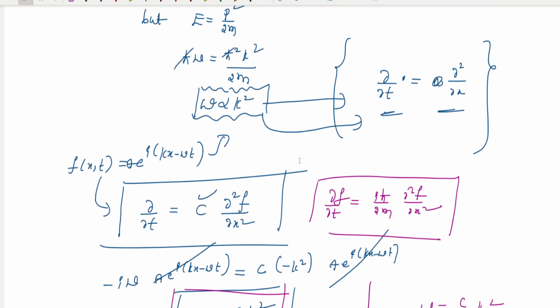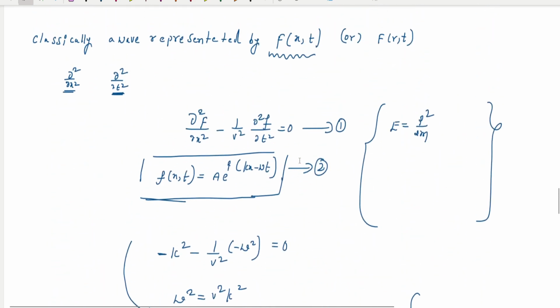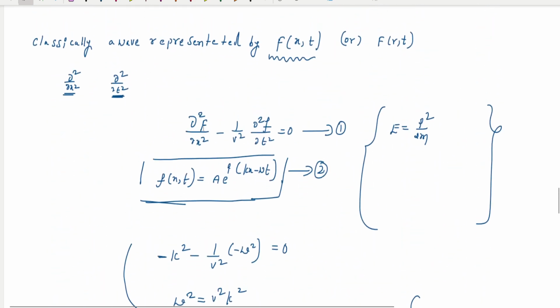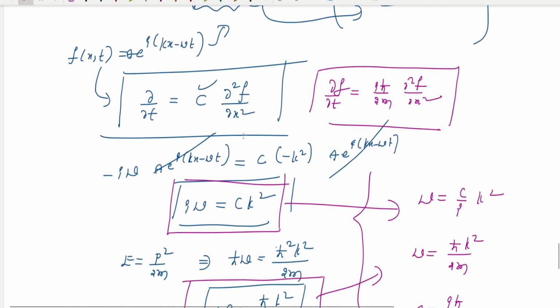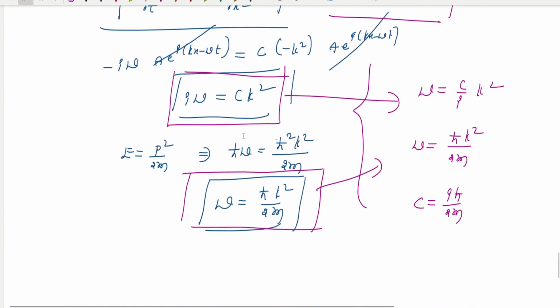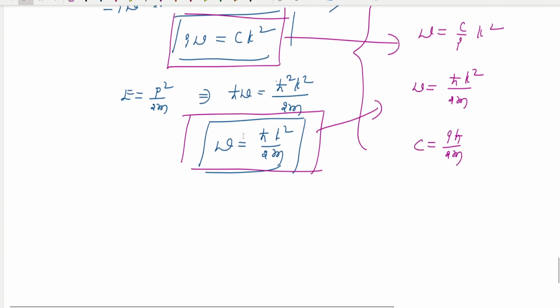In most of the classical cases, in electromagnetic theory and classical mechanics, for the wave equation we generally observe this type of equation: dou square f divided by dou x square minus 1 divided by v square, dou square f divided by dou t square is equal to 0. Whereas in quantum cases, we represent it as the Schrodinger wave equation.